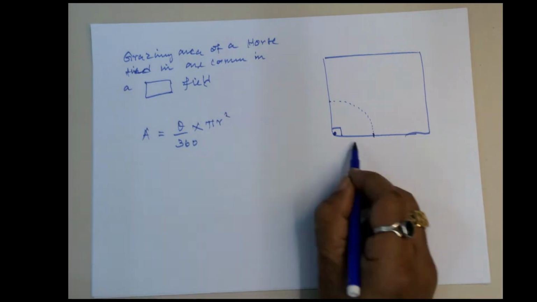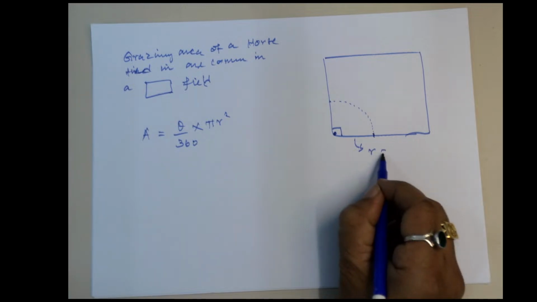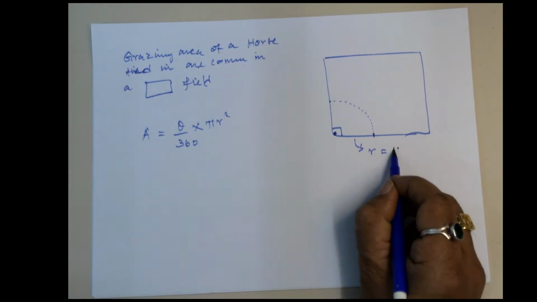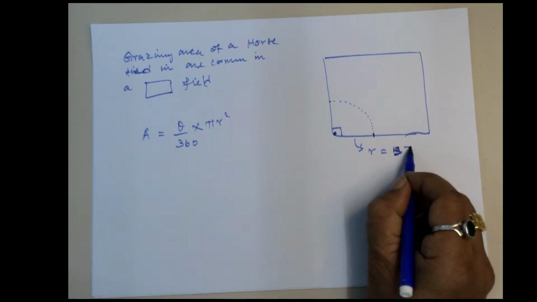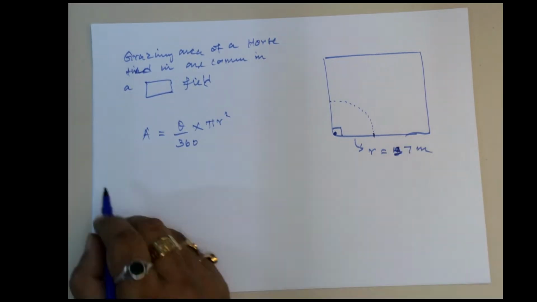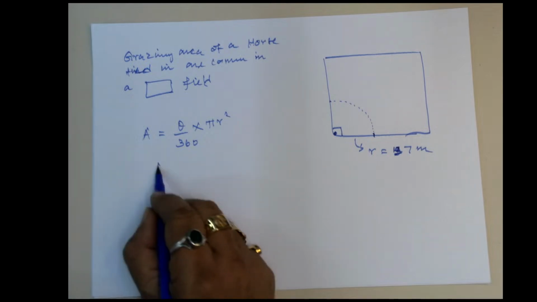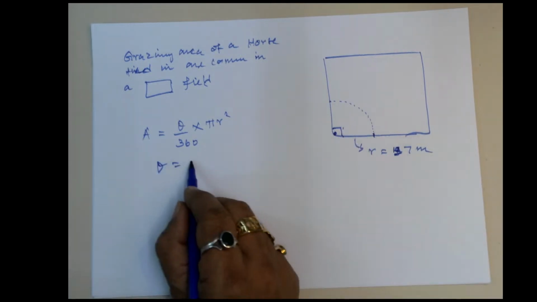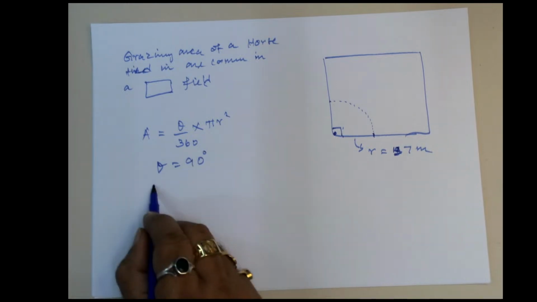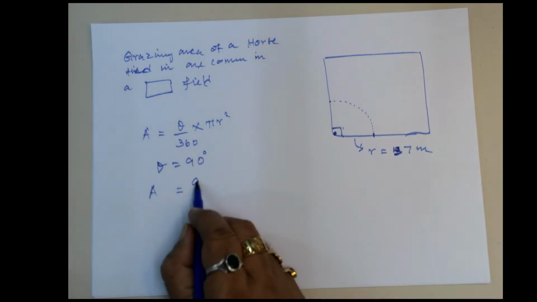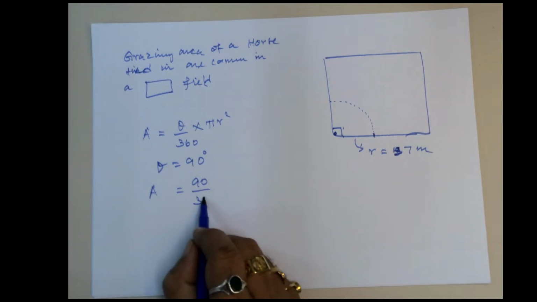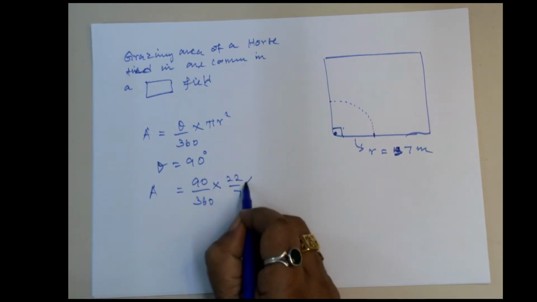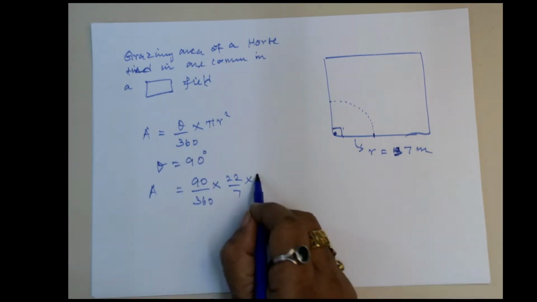Now let us put r as, say, 5 meter or 7 meter, like that. In that case, what is theta? We know this is 90 degrees. Therefore, A is equal to 90 divided by 360 into 22 by 7 into r squared, 7 into 7.